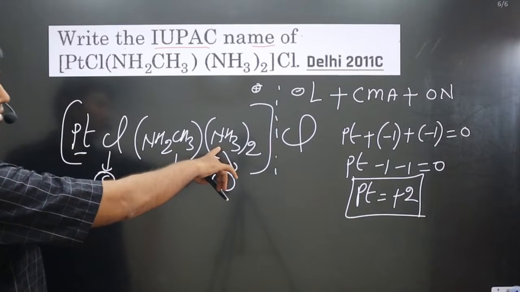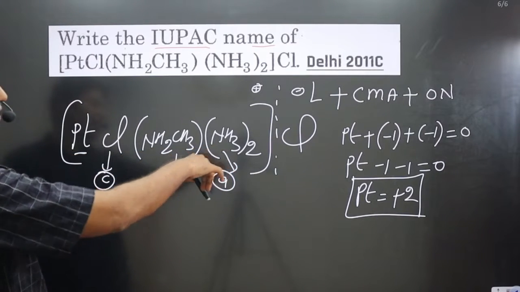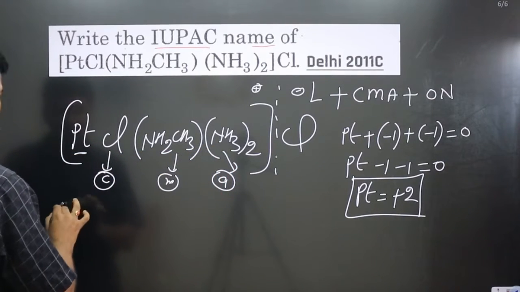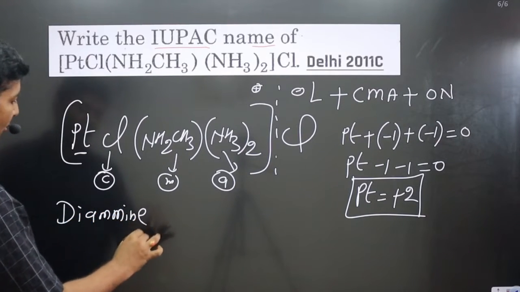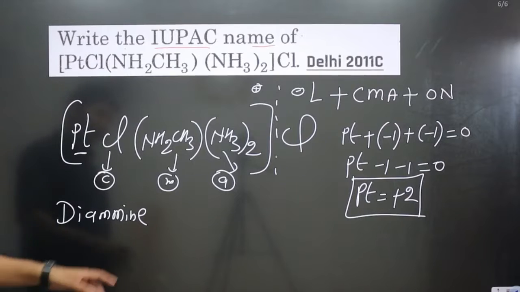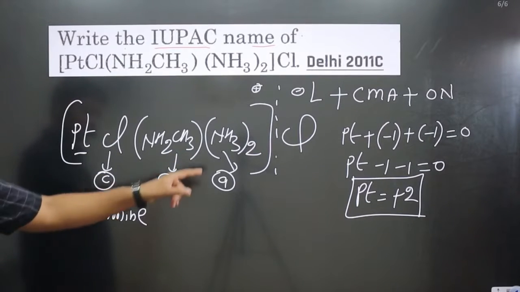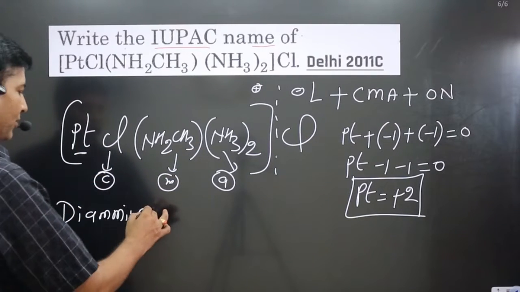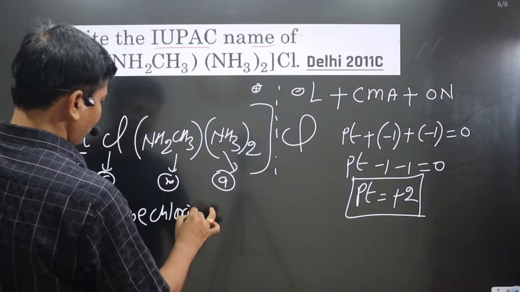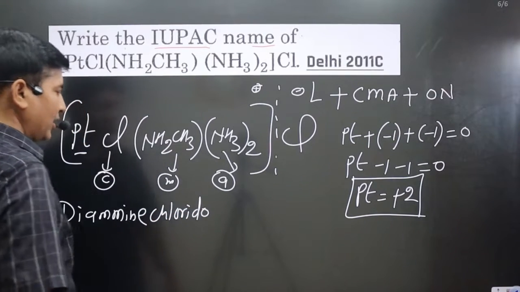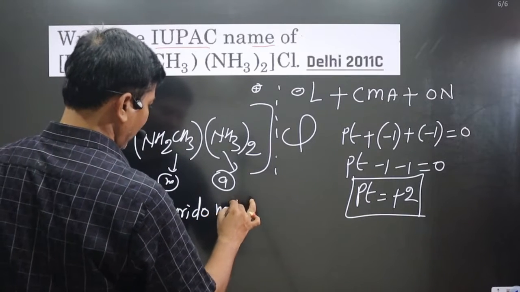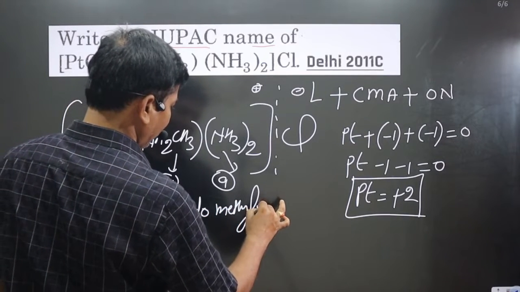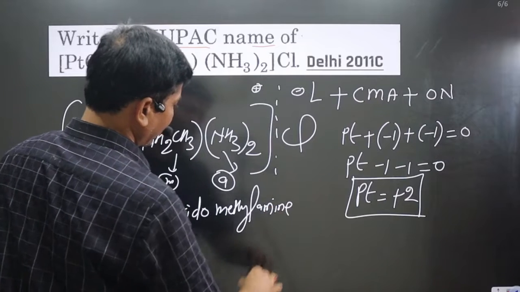How many ammonia molecules are there? 2. So in the naming, we say di, and this is ammine, you have to write double M. In case of ammonia, diammine. For the Cl, we use chlorido. Only one Cl is there, chlorido. Next, we have methylamine. Only one molecule is there, so we use the common name, methylamine, with only one M.